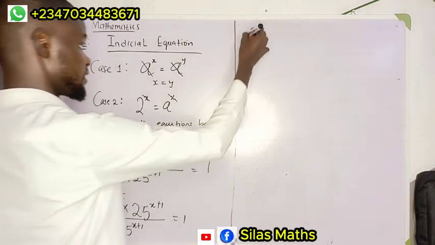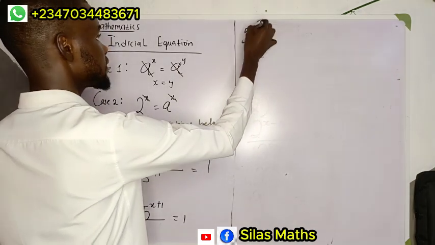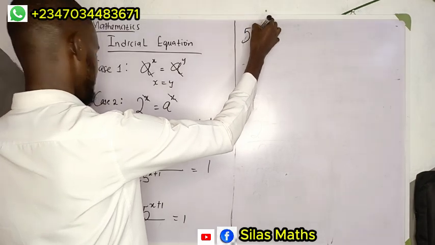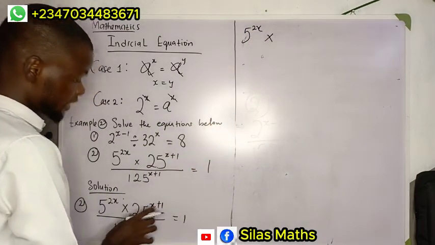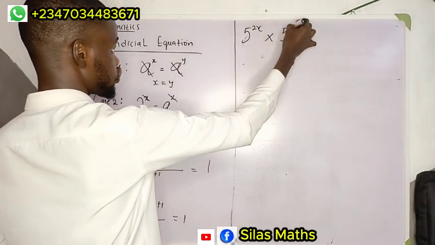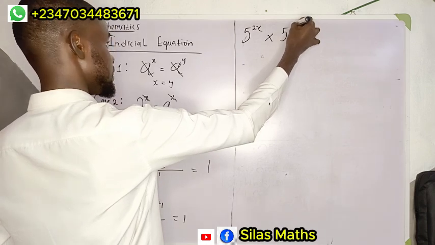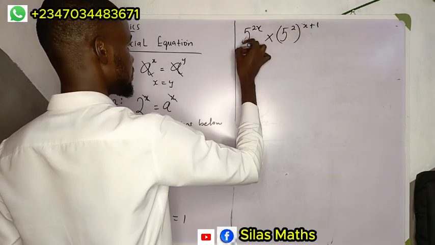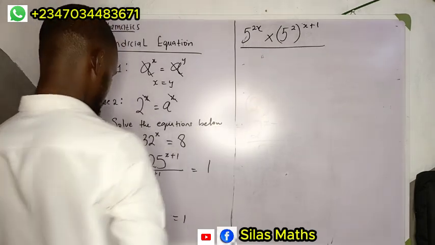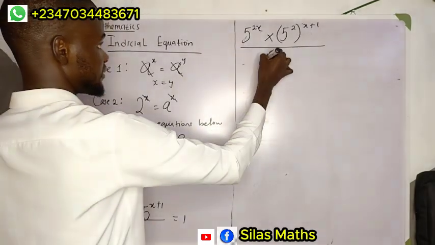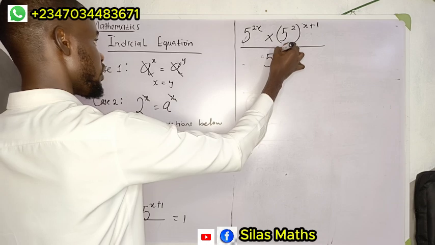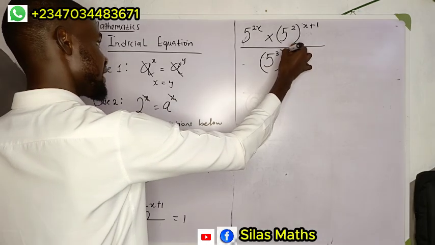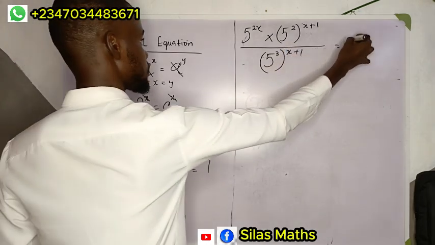So this is equal to 5 to the power 2x times, for 25, 5 to the power of 2, then we raise it to power x plus 1, divided by 125, which is 5 to the power of 3, to the power of x plus 1, equal to 1.